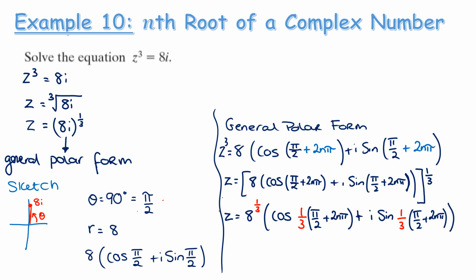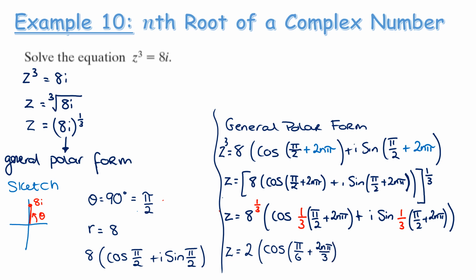And we'll just do a little bit of cleanup to make it a bit easier. That's the cube root of 8, so that gives me 2. And we get cos of pi over 6 plus 2n pi over 3.